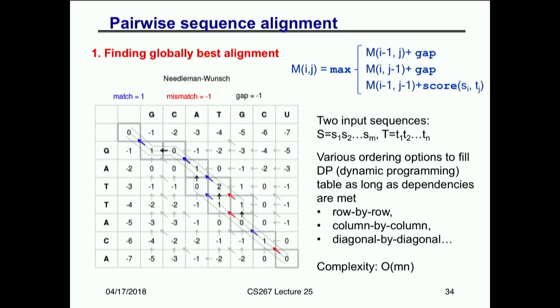Or it can be that just the sequences minus 1 in both of them, plus their matching score. If they differ, then there's a penalty. If they agree, there's a bonus. Right? So your matching score keeps increasing as you match. So it's one of those three, and you keep the max.